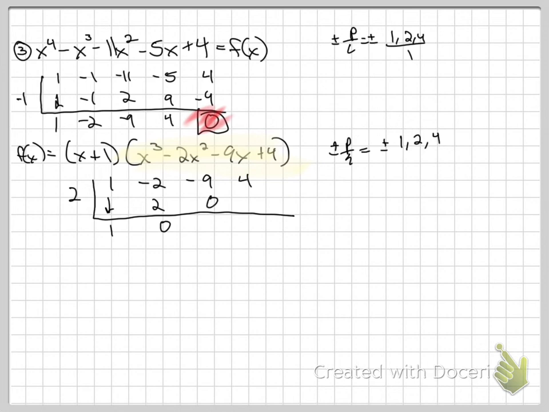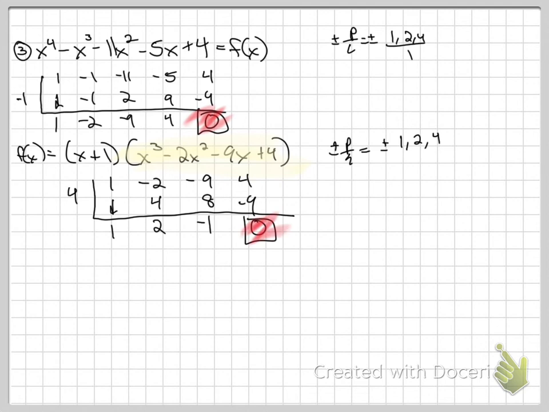Well, first of all, that's 0, but still nope. Negative 4: nope. Positive 4. Sometimes it's the last one, but we're not going to have that many choices on the test, so it won't take that long. Negative 4, I got a remainder of 0.